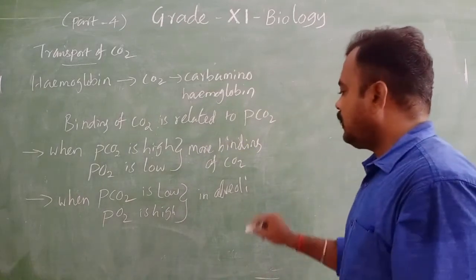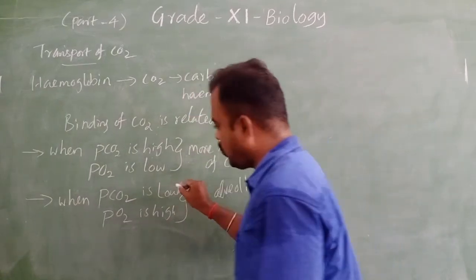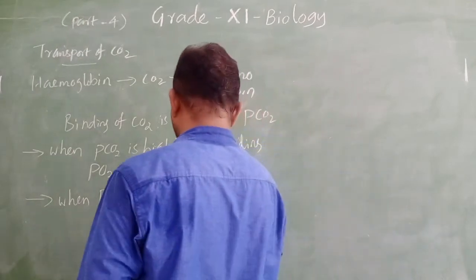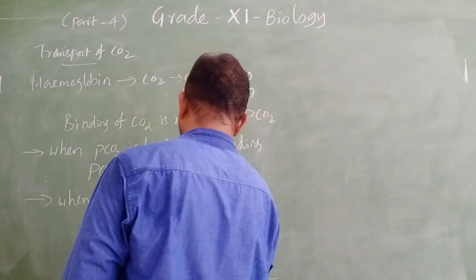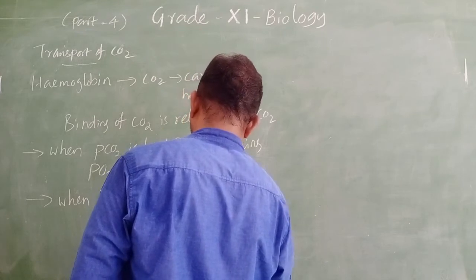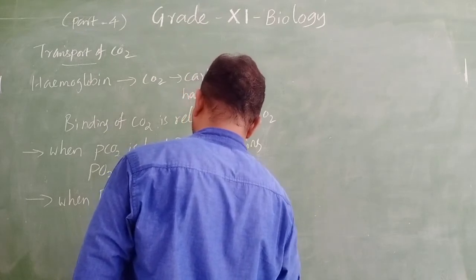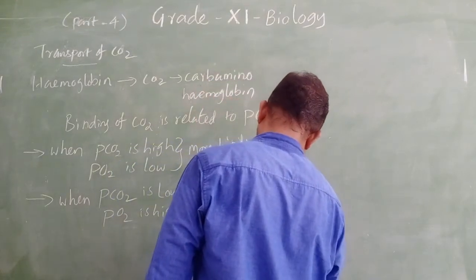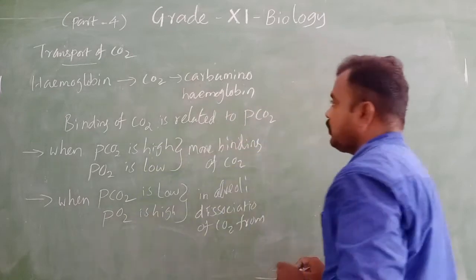Right? Here, if it is low, if it is high, that means what will happen? The dissociation of carbon dioxide from carbaminohemoglobin.